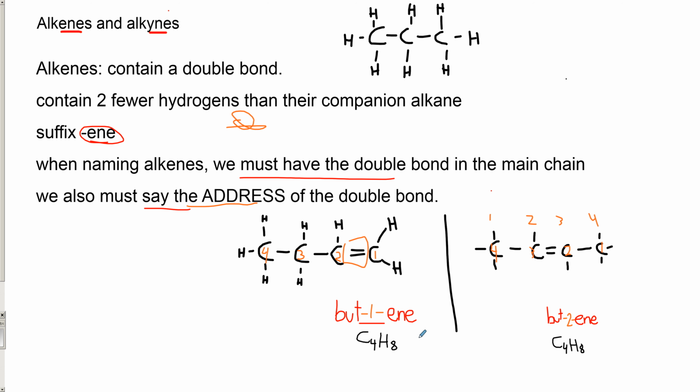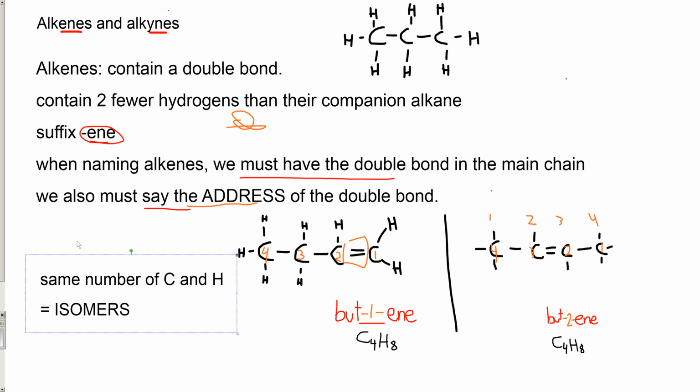And when we have that, it's a special word that we use. We call them isomers. And this doesn't just apply to carbon and hydrogen. In our case, the molecules we're looking at only have carbon and hydrogen.